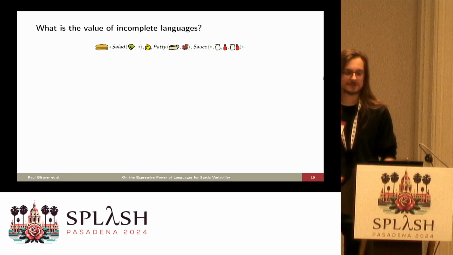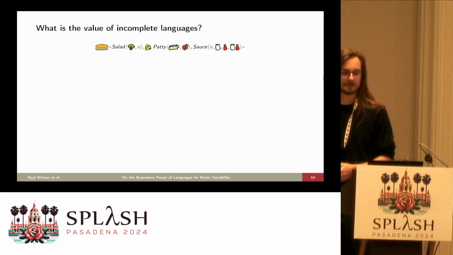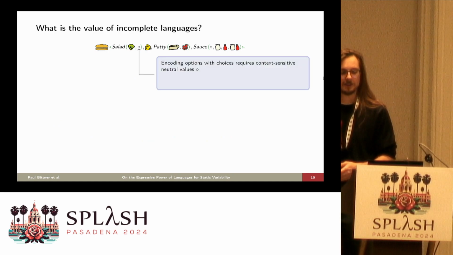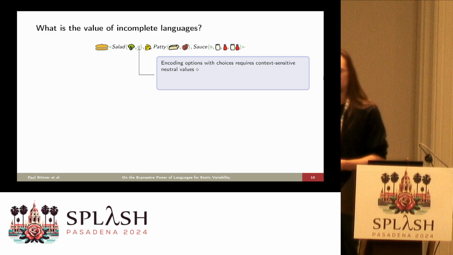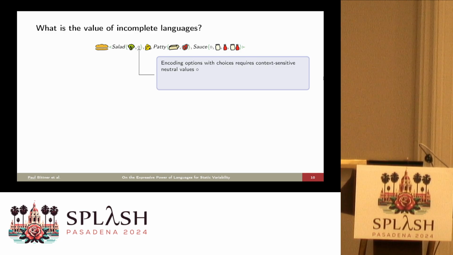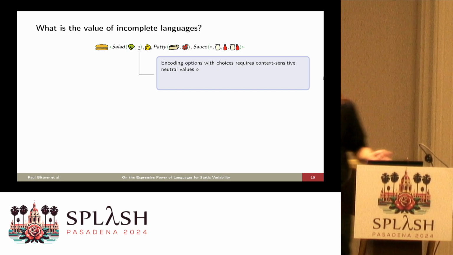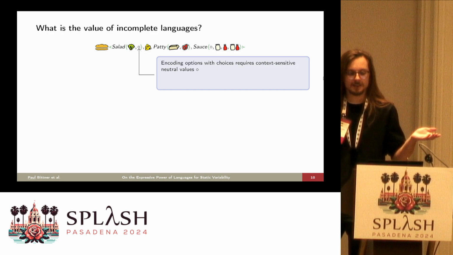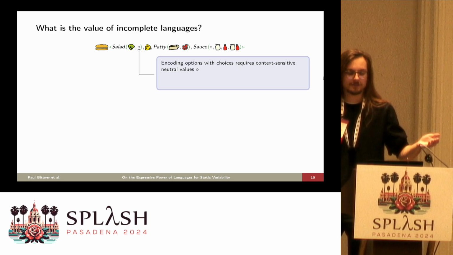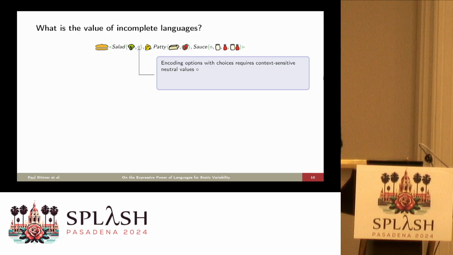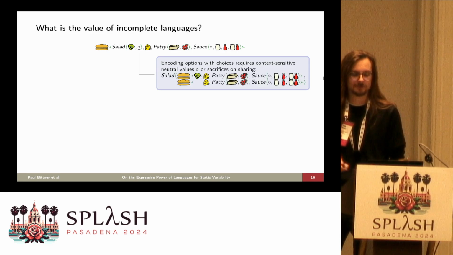And for the second question, what's the value of incomplete languages? We know choice calculus is complete, so when looking at our example, everything should be fine. But in fact, there's this weird empty value. We can encode options where we say we can have salad or we don't have salad. We can do this with options, but this requires this empty value, which is context sensitive and depends on our sandwich language or whatever else we're configuring.